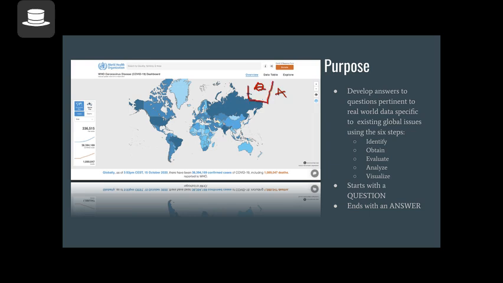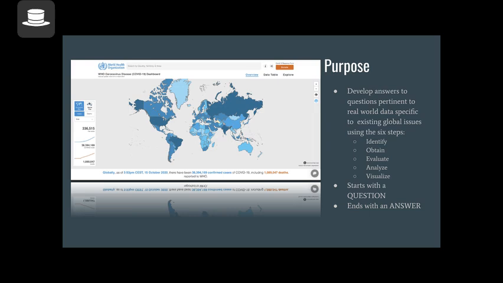So you have a question about a real world situation. For instance, you have a question about COVID-19 and you want to find answers to that question, but not any simple answer, but an answer that is backed up by data.